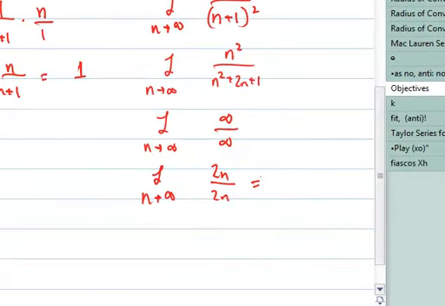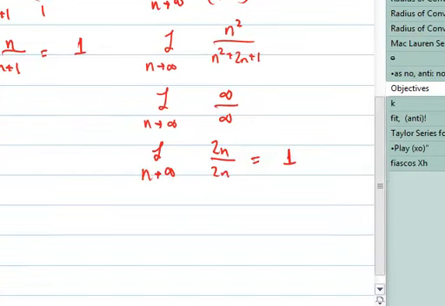We end up getting 1 as well. So what this basically means is we have more work to do, and these cases are not determined as far as if they converge or not. So let's take a look at what else we can do.